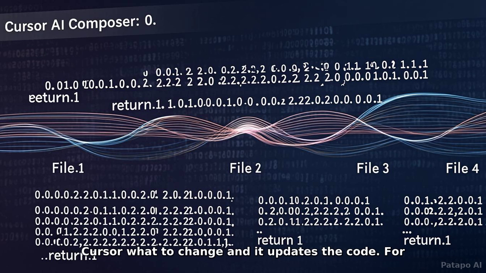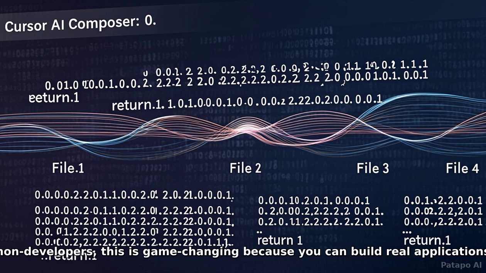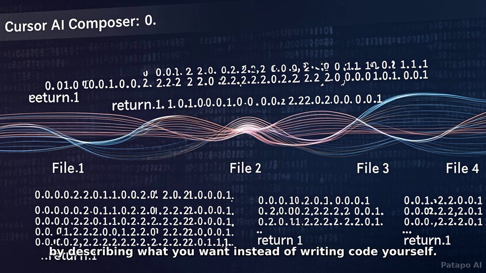If you do not like a suggestion, you can iterate. Just tell Cursor what to change, and it updates the code. For non-developers, this is game-changing because you can build real applications by describing what you want instead of writing code yourself.